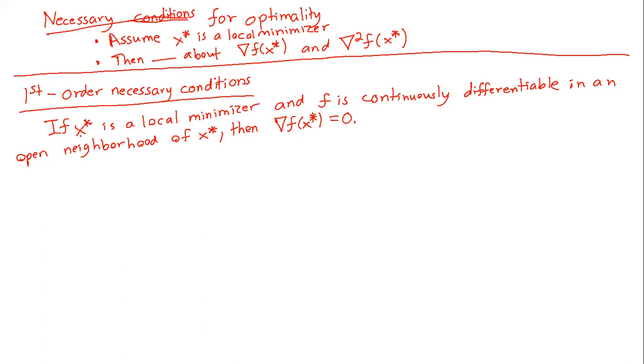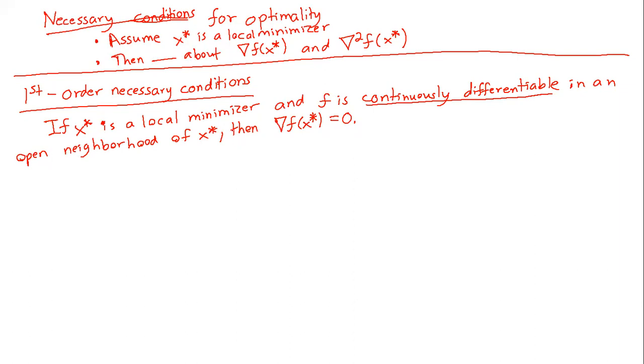So this says if you know your local minimizer is at x star, and you also know your objective function is here just continuously differentiable in an open neighborhood of x star, so around x star, values of your decision variables near that, very loosely, then if you take the gradient at x star of the objective function with respect to those decision variables, it should equal 0. So that is a true thing.